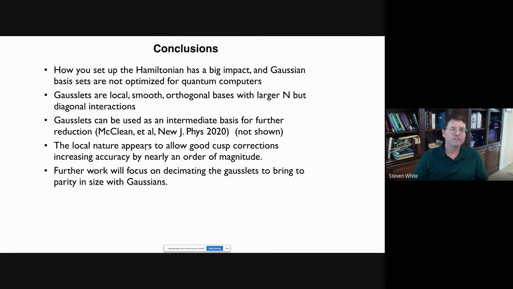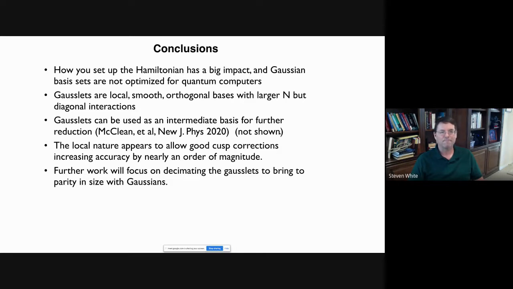Okay, so to conclude, how you set up a Hamiltonian has a big impact, and Gaussian basis sets are not necessarily optimized for quantum computers. Gausslets are local, smooth, orthogonal bases with larger n but diagonal interactions. We can use them as an intermediate basis for further reduction, and that wasn't shown, but we have a paper for applying that in the quantum computing framework.